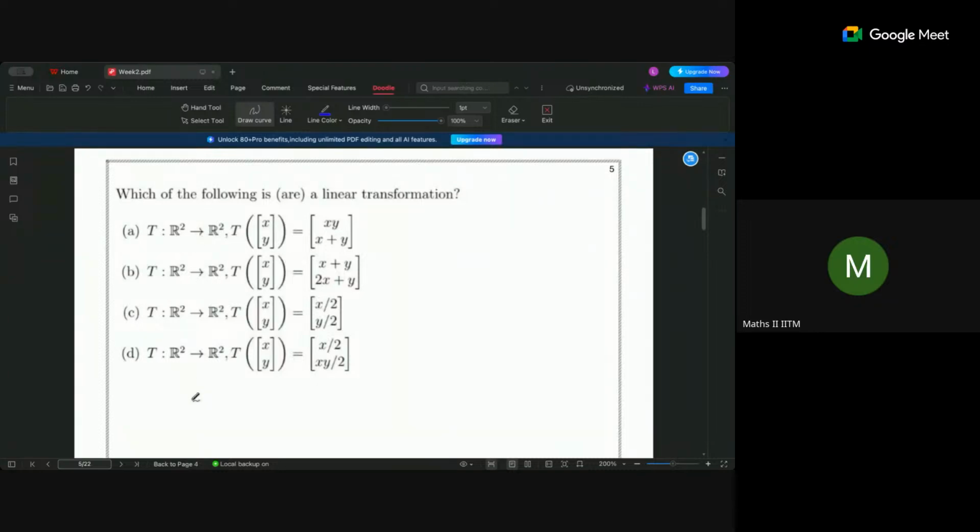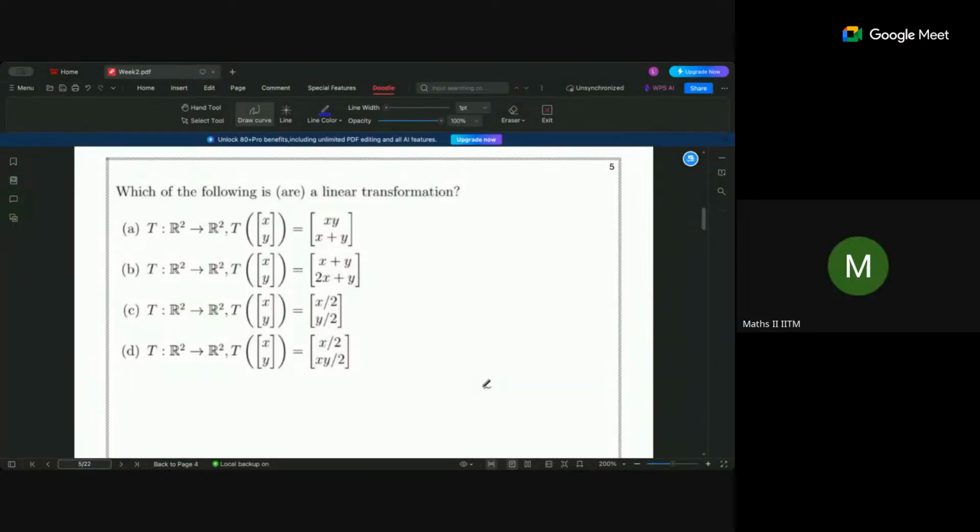Now you have four transformations here. Can you make any guess which ones are linear and which are non-linear? Okay, fine. So B and C are linear? For now, let us try with some specific examples.